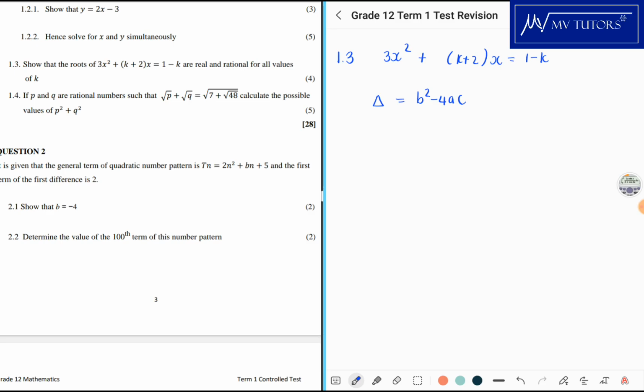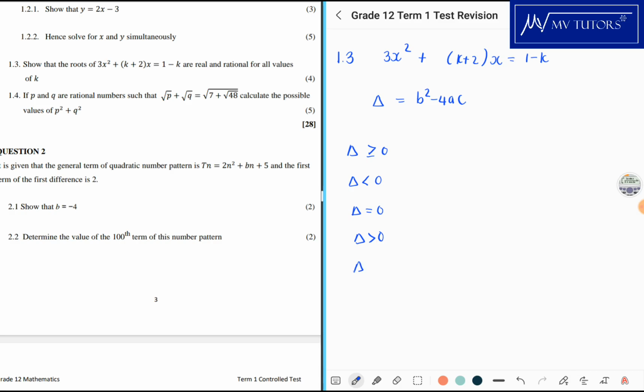Like I said, we can have real roots. If roots are real, then the discriminant is bigger than or equal to 0. If they are non-real, the discriminant is less than 0. If it is equal to 0, we have equal roots. If it is bigger than 0, the roots are not equal.